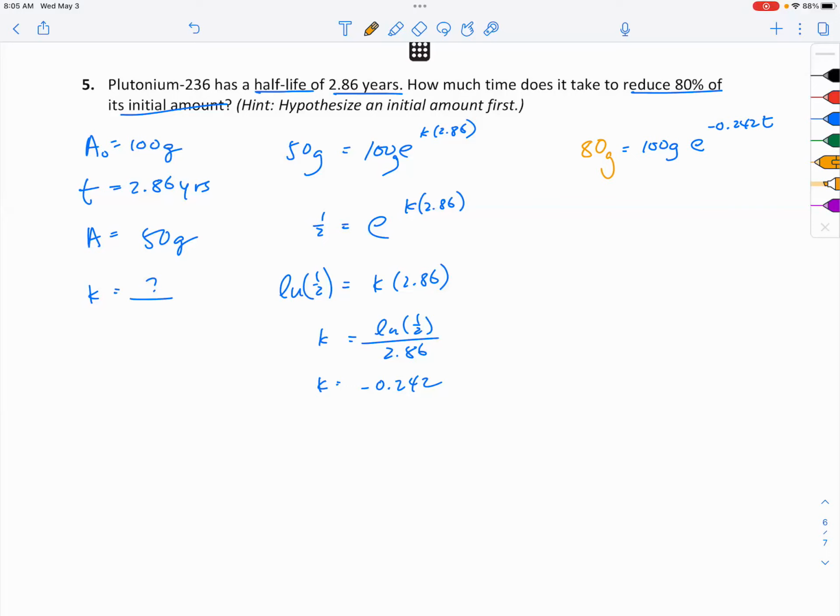Look at the sentence, look at the meaning. It's supposed to be the final amount. So if you start with 100 grams, what's the final amount if it reduces by 80%? 20.